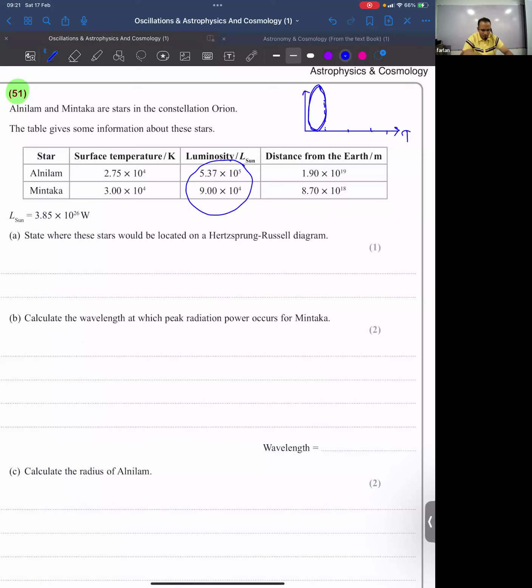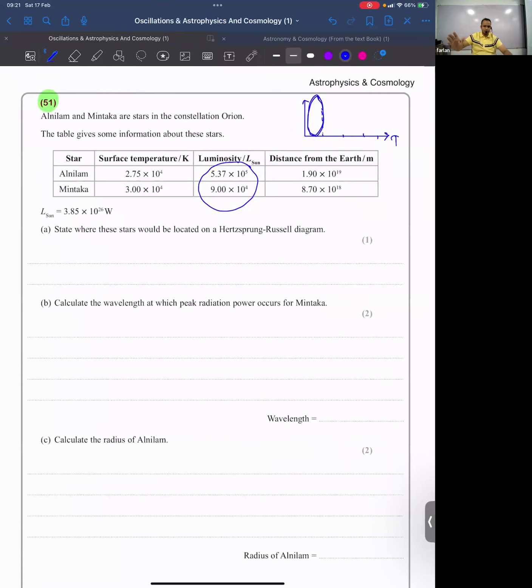It is one mark, only one mark, so you don't have to explain anything. You can say it will be towards the top part of the left hand. If you mention main sequence, it can be anywhere on that diagonal, so you are not specifying.